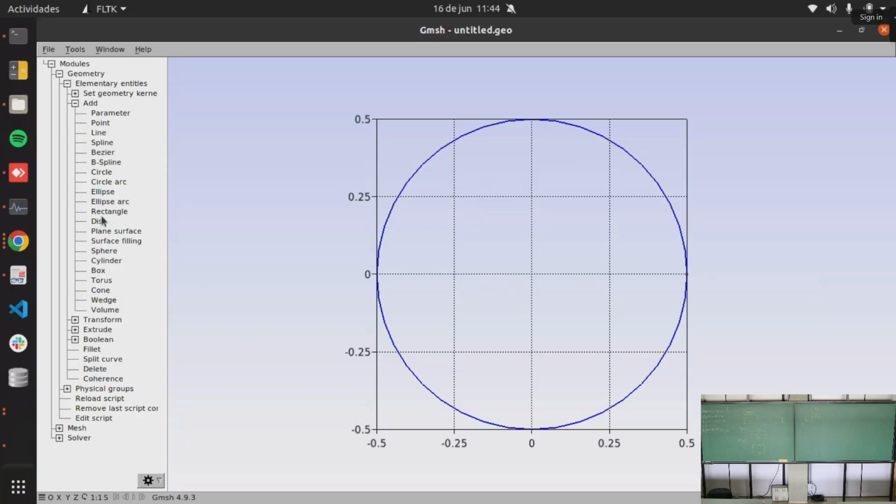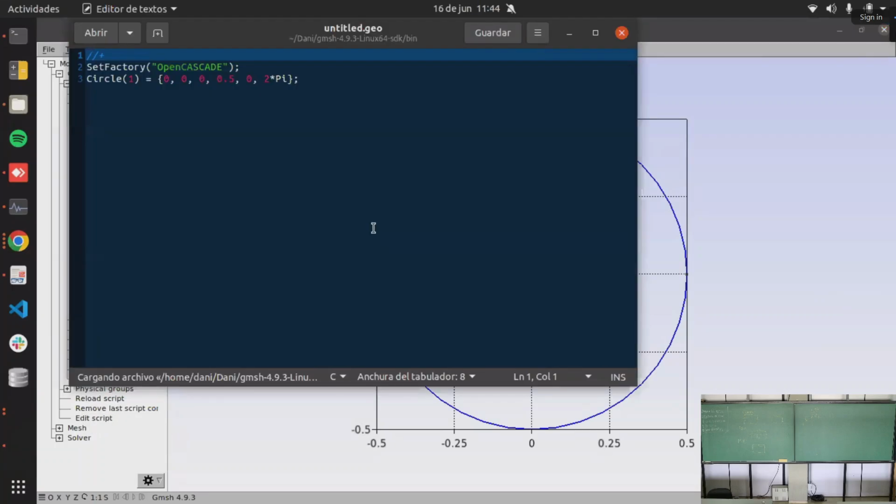We can edit the script. That is a geo script that you can also make by hand, in a Julia script, with the same structure.